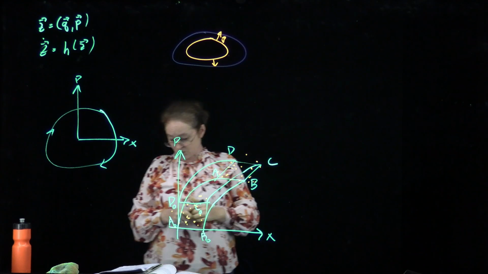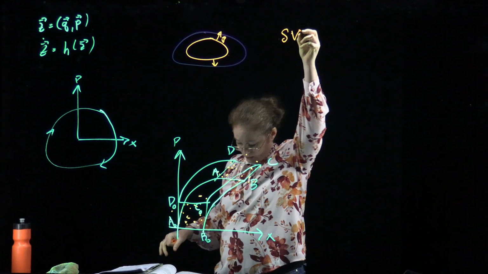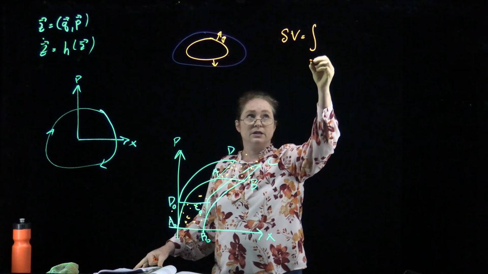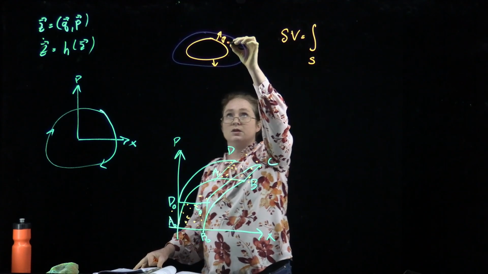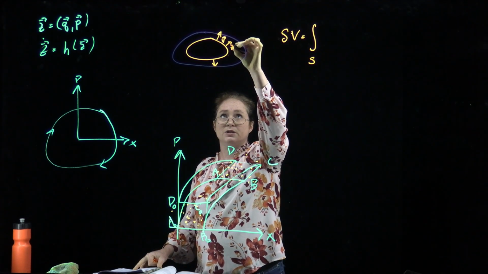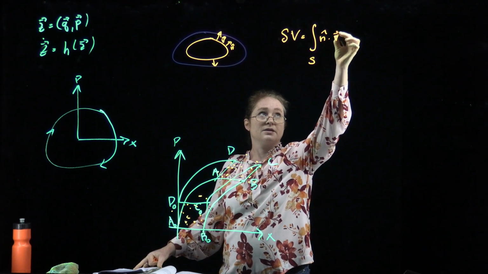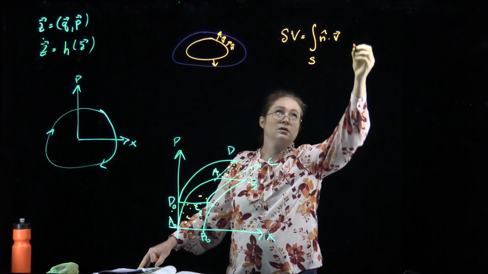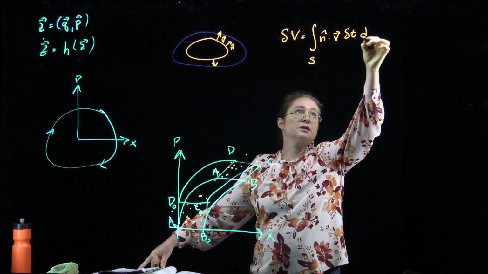And if we want to describe the change in volume, the change in volume is going to be the integral over the surface of some vector n hat perpendicular to the surface, dotted with the velocity, times a small amount of change in time over the entire area.